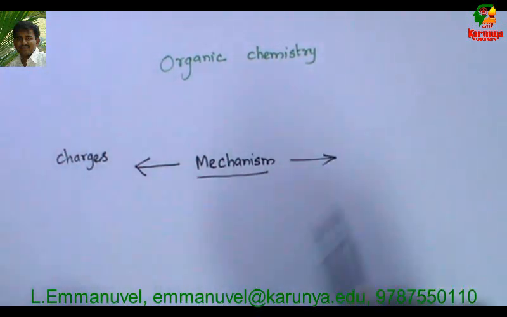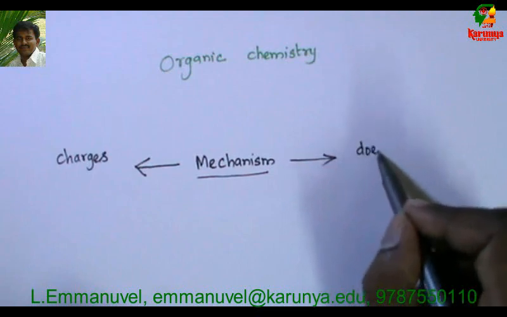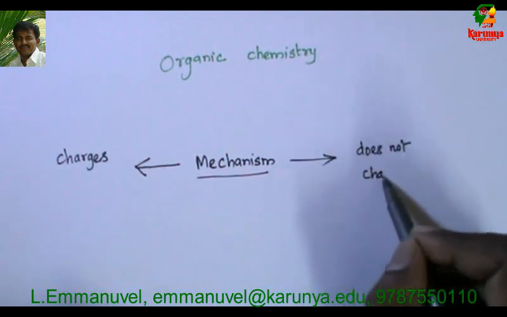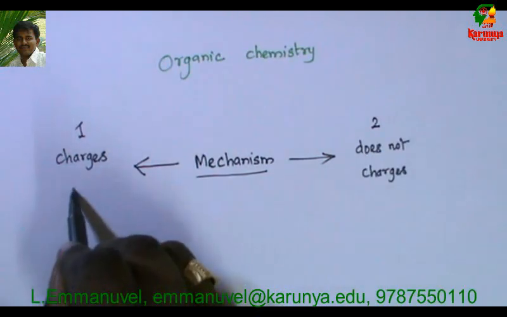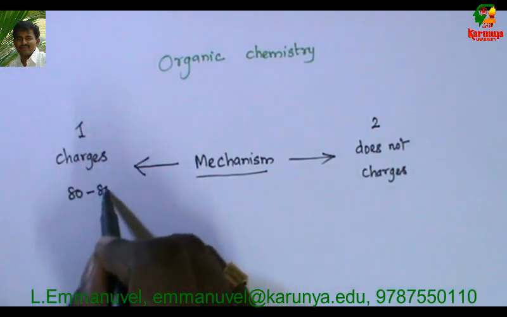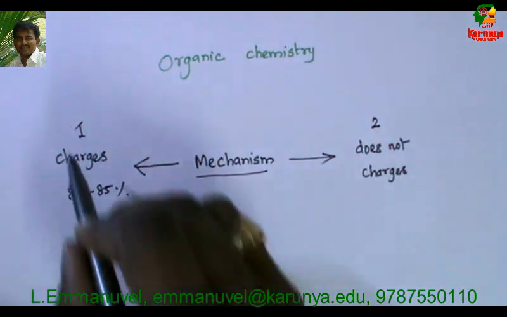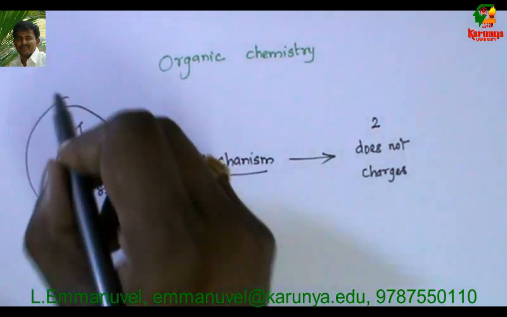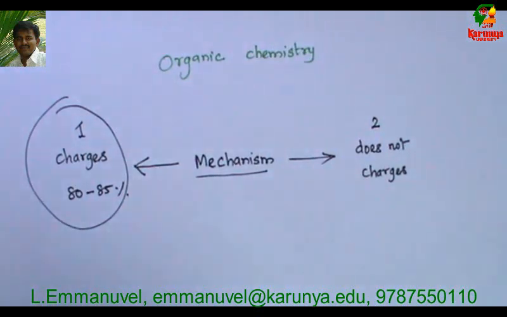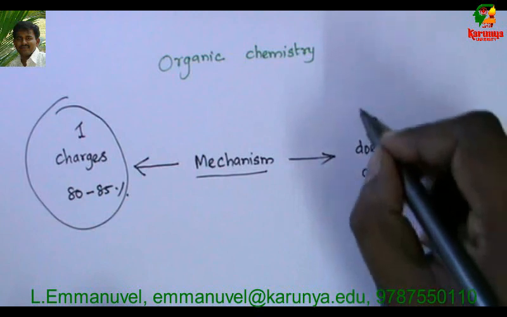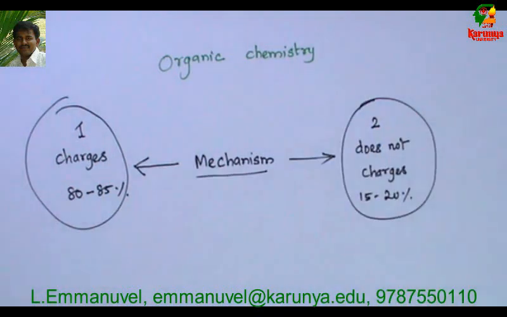Second one, reactions that do not involve charges. Nearly 80 to 85% of organic reactions will come under the first. The remaining 15 to 20% will be the second category.